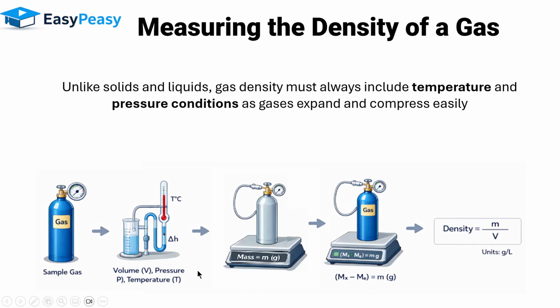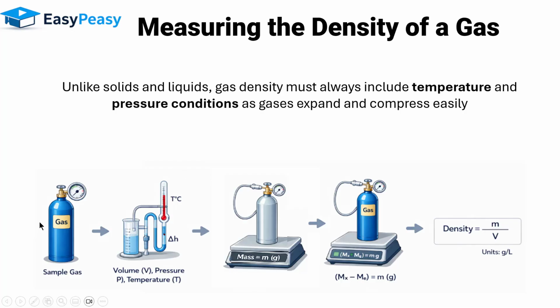We need to keep the pressure and temperature constant. Then we can weigh the empty cylinder first and then the cylinder which has gas inside. We can minus the empty cylinder from the cylinder of the gas to find the mass of the gas only. Now you will have both values of mass and volume. Put it in the formula and you will get the answer.